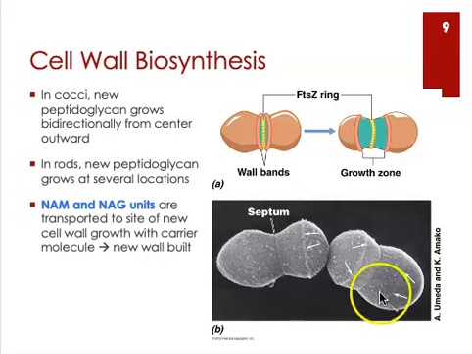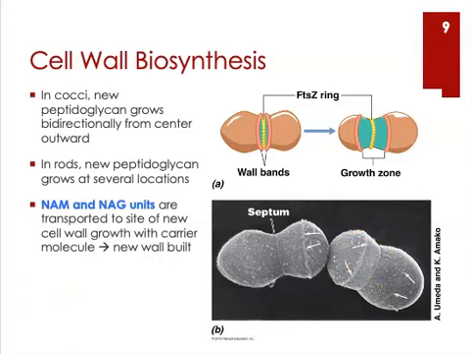You can see that the parent cell, this would have been the original parent cell, and this would have been the copy. And this area in here you can see is dividing. And you actually have these two new daughter cells also going through binary fission, and the septum has started to form in both of them.